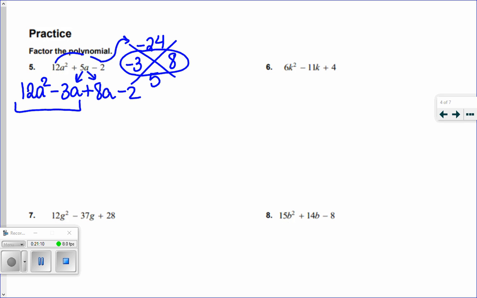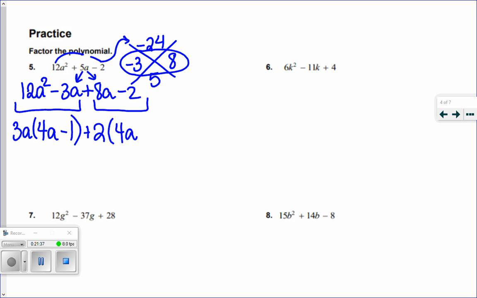We group the first two. We group the last two. We look for a GCF in the first group, which is a 3a. And we divide it out, which leaves me with a 4a minus 1, because 3a divided by 3a is 1. In the second group, I'll look for a GCF, and I'll notice that they share a common factor of 2. When I divide the factor of 2 out, 8a divided by 2 is 4a.